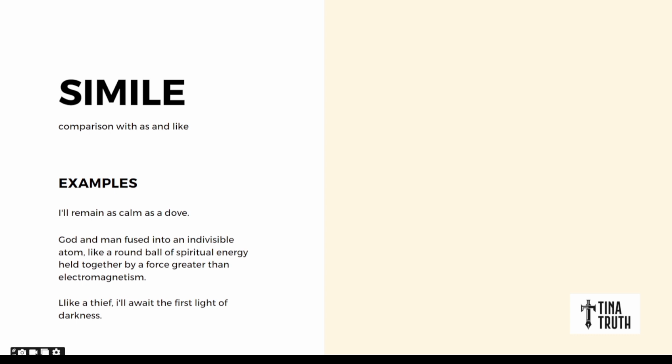Now, the last example here, I said, like a thief. Please forgive the misspelling there. It's Like for like. Like a thief, I'll await the first light of darkness. You see what I did there? I hope you see that. It's actually a paradox. Basically, I fused simile and paradox together.